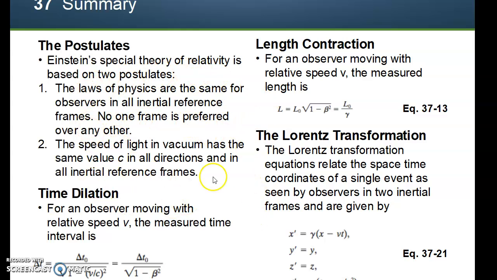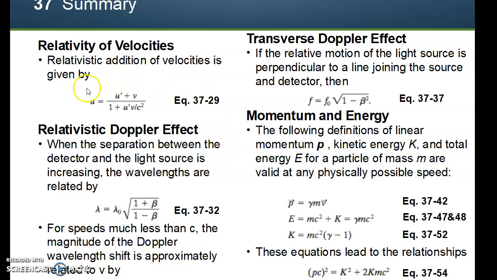This is a summary of the information and the equations: the time dilation, the Lorentz contraction, the Lorentz transformations when you've got two bodies moving relative to each other, the relative velocities, the relativistic Doppler effect for light, the transverse Doppler effect for when the light source is perpendicular to the line of sight, and the momentum and energy changes.